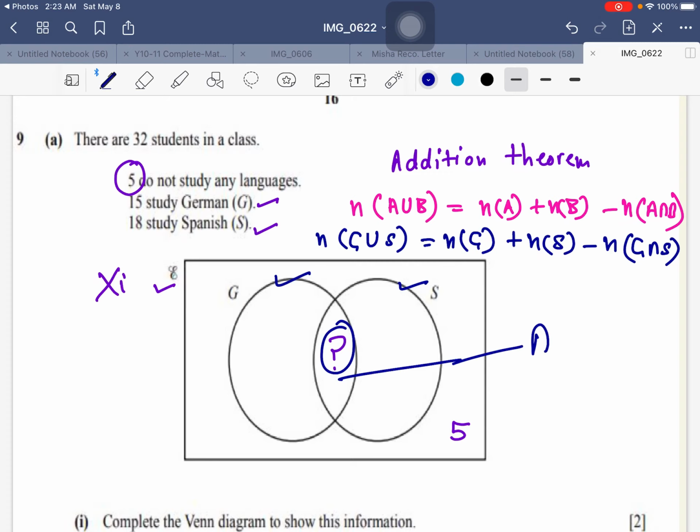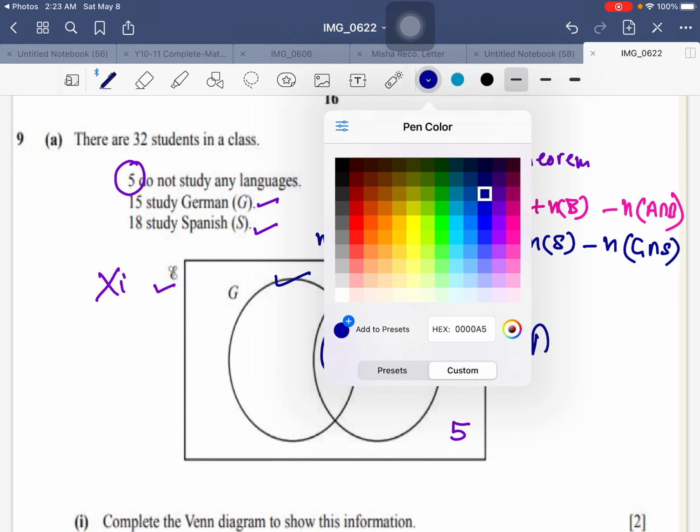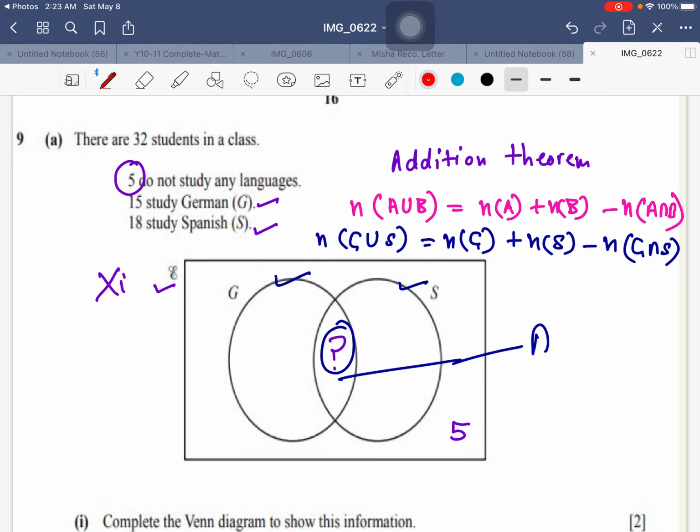Now, you can see here that five people don't study any language and 15 study German. So I write here 15 study German and 18 students study Spanish language. 18 is Spanish.